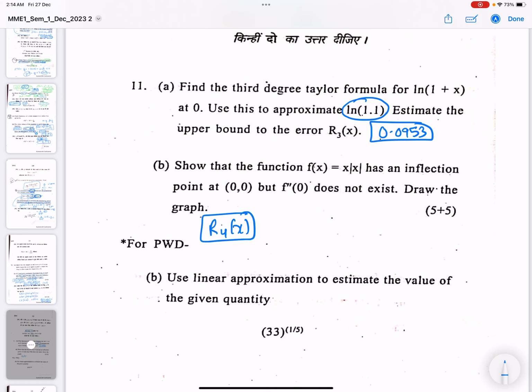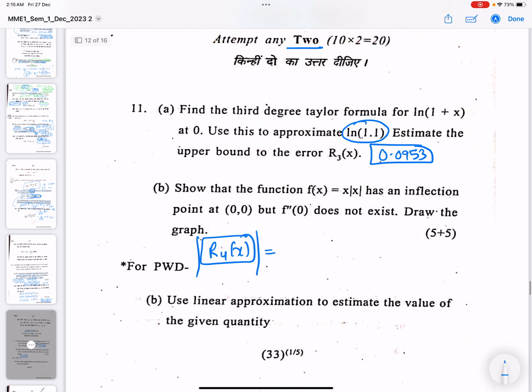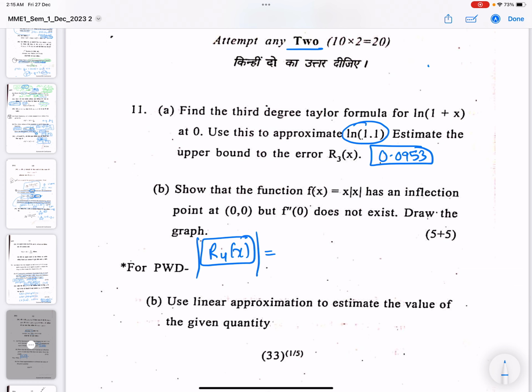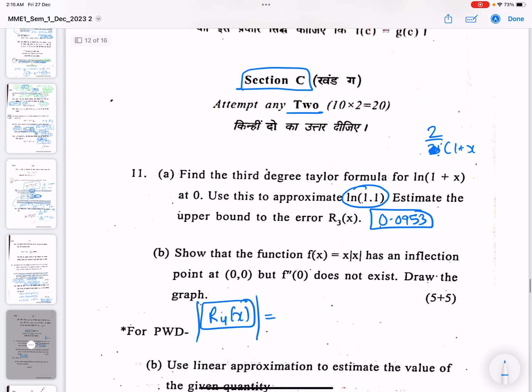So the mod of this value, we were talking about the derivative. We had 2 by 3 factorial. The first function was log(1 + x). We differentiated it. It would become 1 upon 1 + x. Then the second derivative was minus 1 upon (1 + x) square.